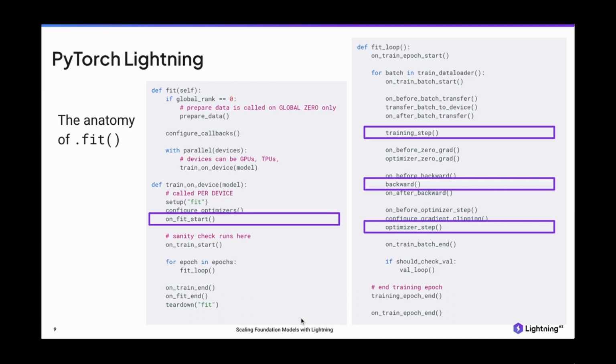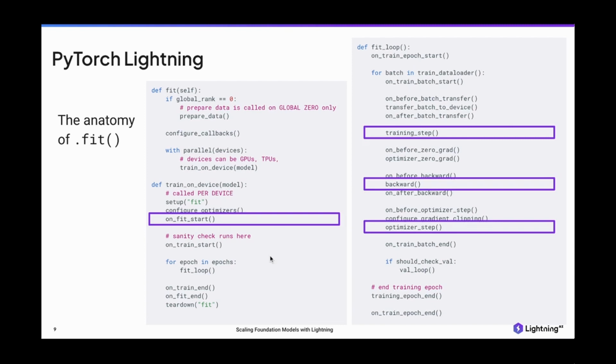So the anatomy of fit is the following. This is not what the user is supposed to write. This is rather what happens behind the scenes, at a high level. There are certain things that notify the trainer that certain things are happening, and then there's an iteration over epochs.